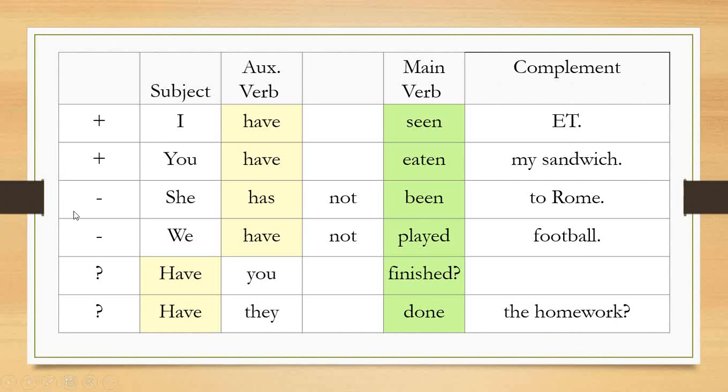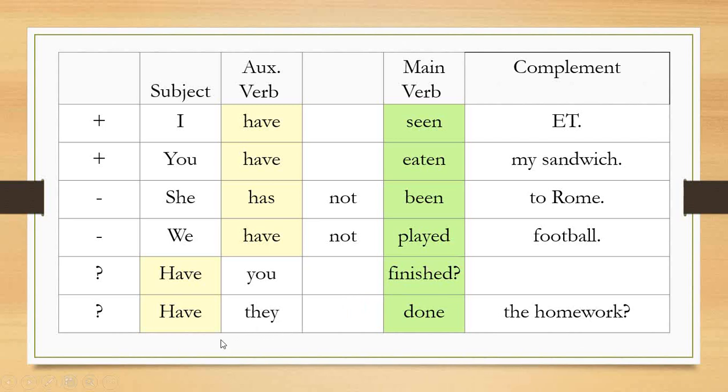Now, in a negative sentence, she has not been to Rome. We have the subject, the auxiliary verb to have, the negative particle not, so that's why this sentence is negative, the main verb in past participle, and the complement.